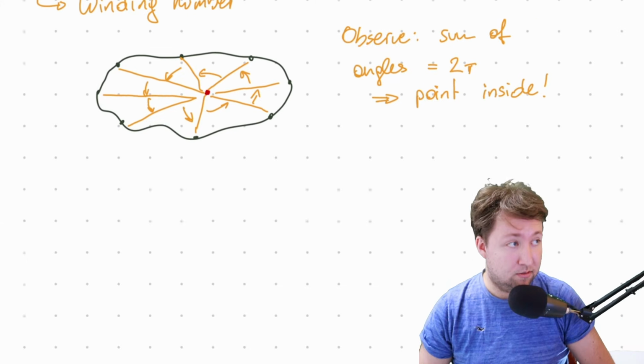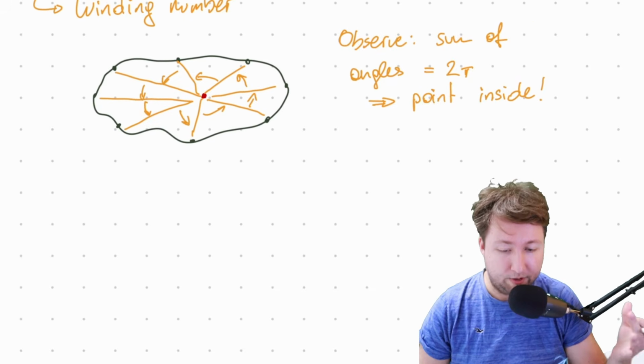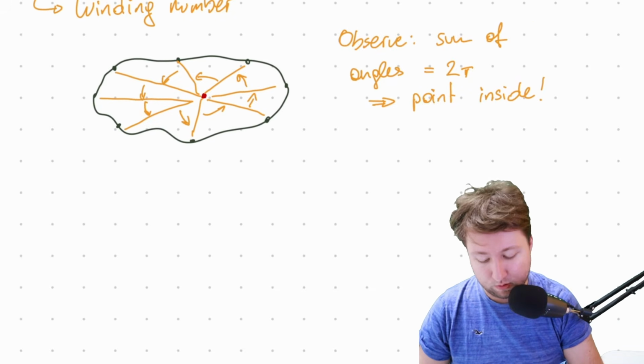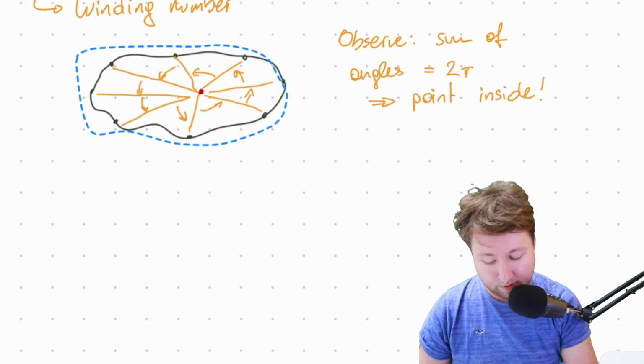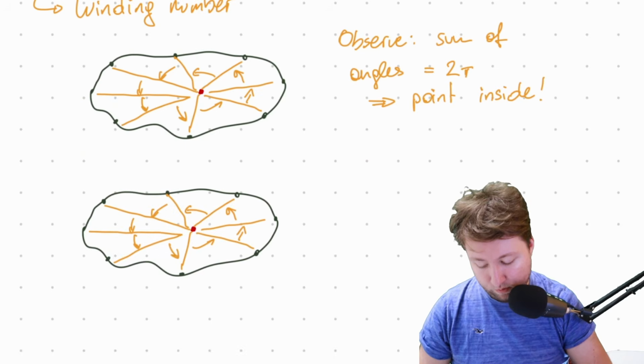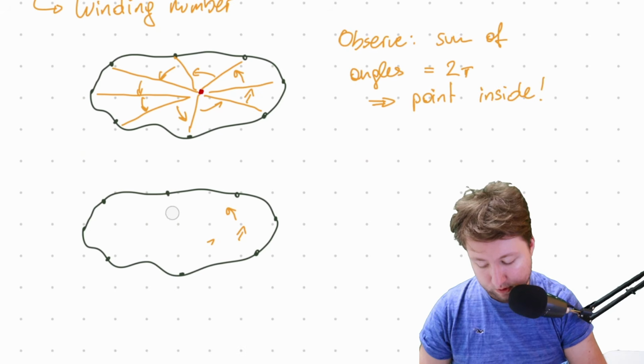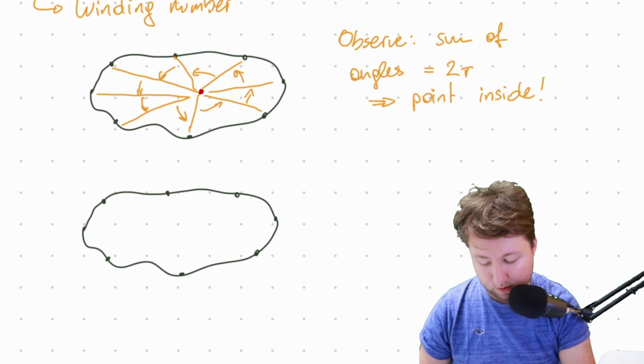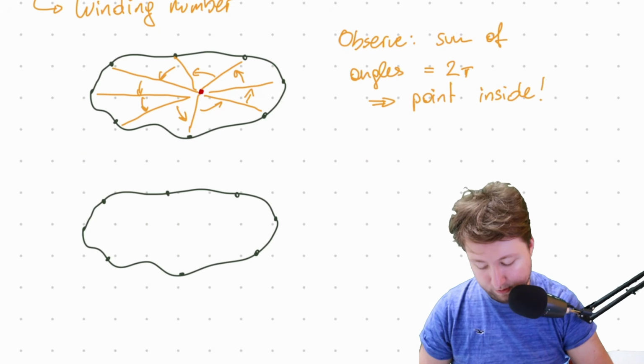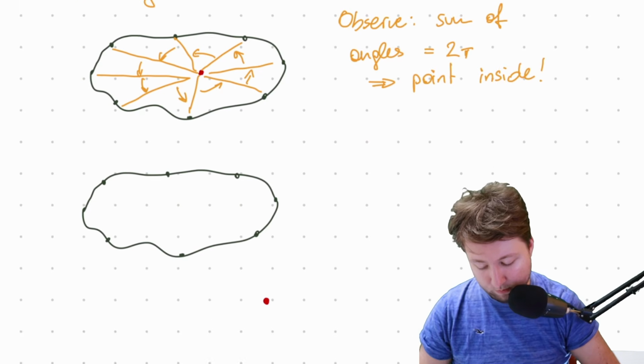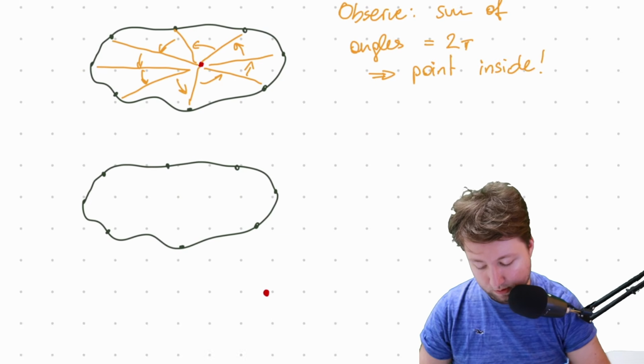Because, and this is the other direction for this concept, if we would take the exact same shape, exact same idea, but this time we move our point outside of the shape, so let's say we move it somewhere over here, then what happens with the angles? Let's see.